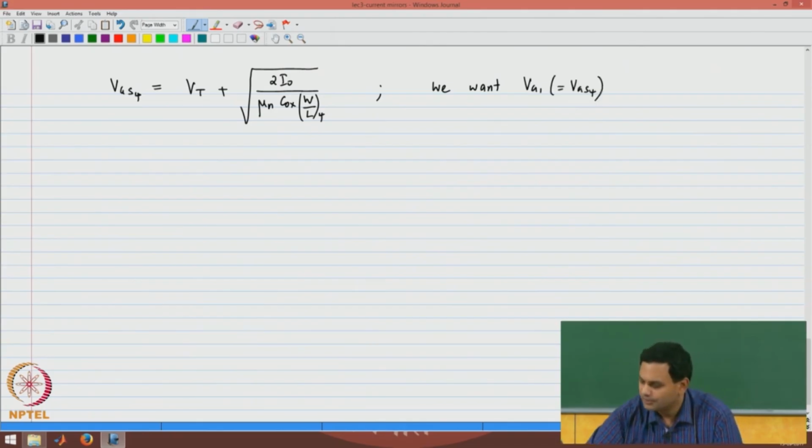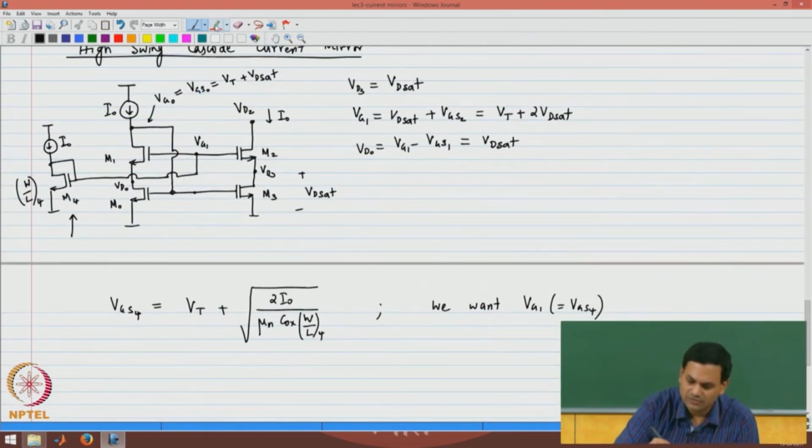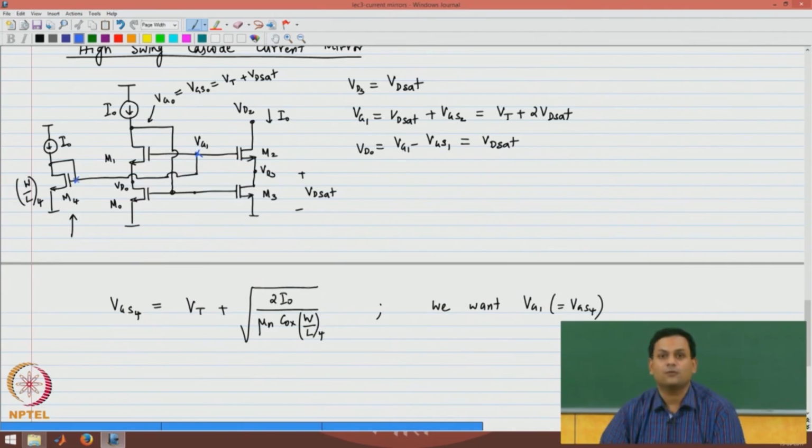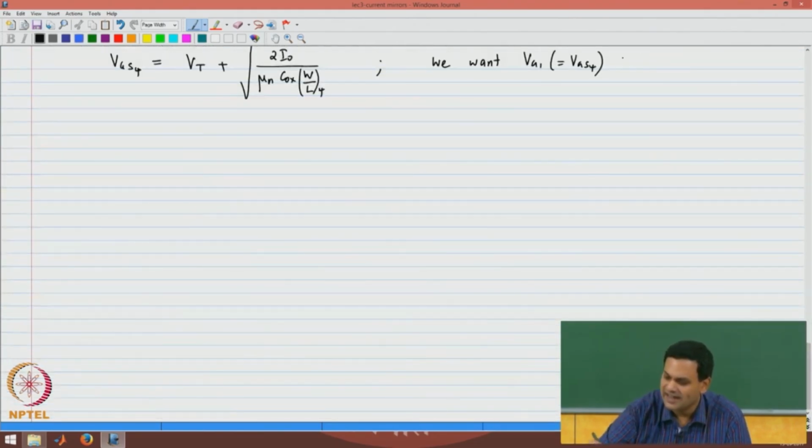Please note that in the previous connection this voltage Vg1 is the same as Vgs4. So, we want Vg1 to be Vt plus 2 Vd sat.